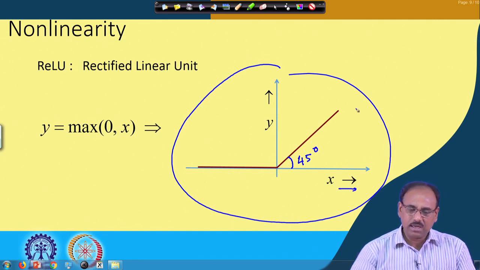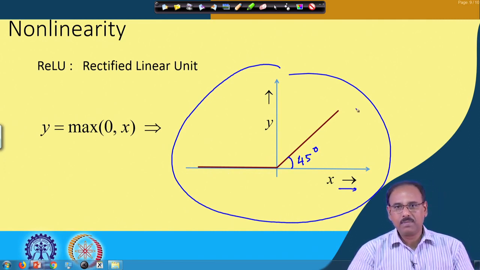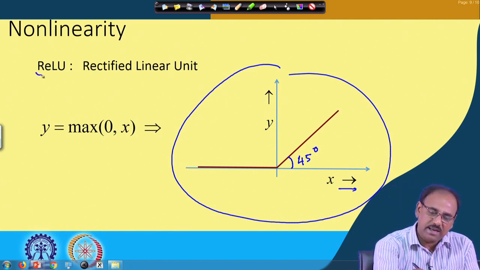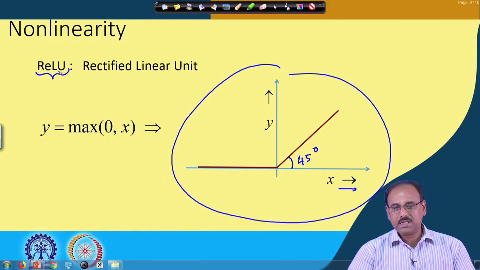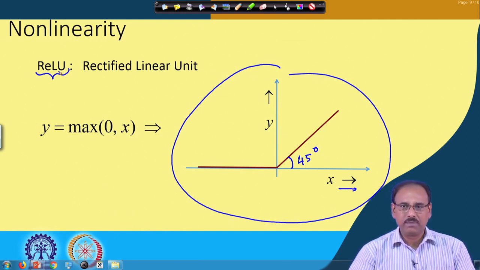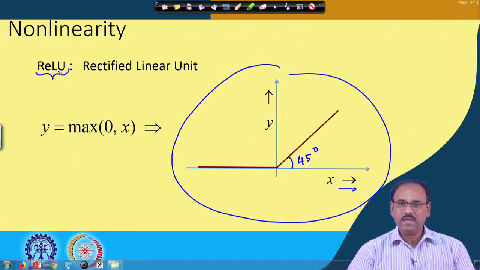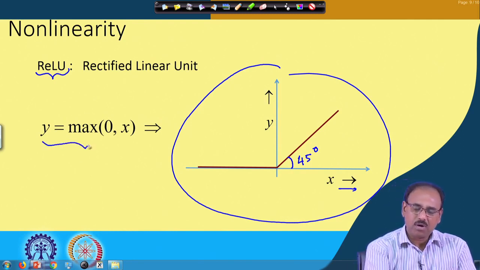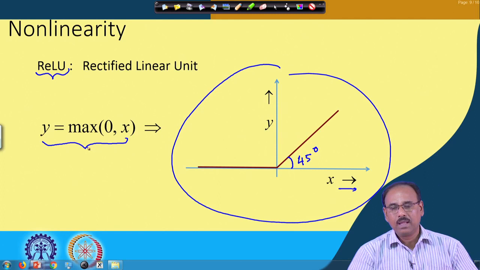So, this is a rectified linear unit, which in short is written as ReLU. And obviously, it is also a nonlinear mapping, because if y is equal to x, or y is some constant a times x, that is a linear function. But the moment I put y in this form, it is a nonlinear function.